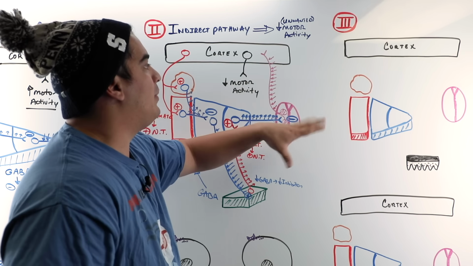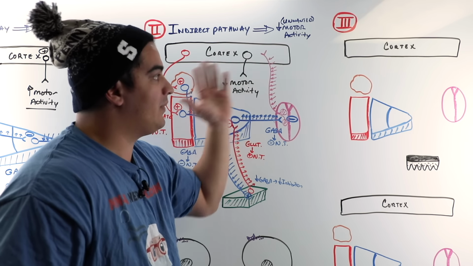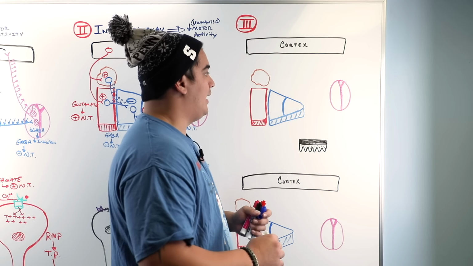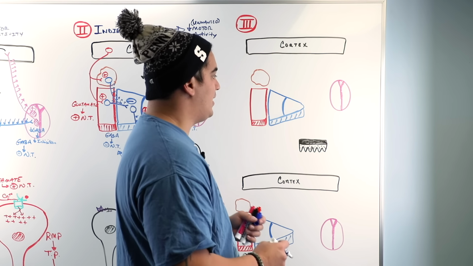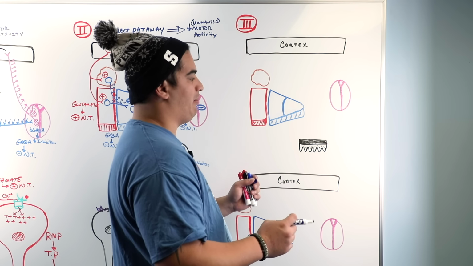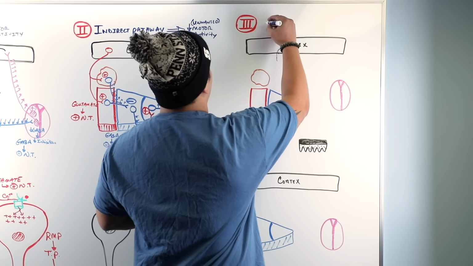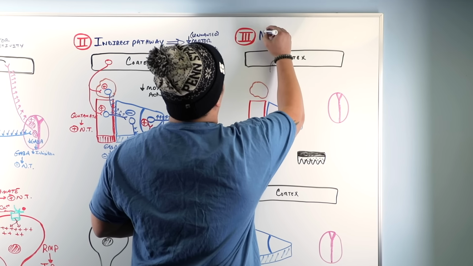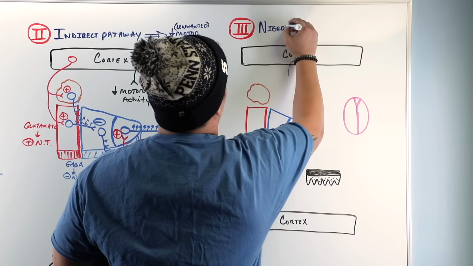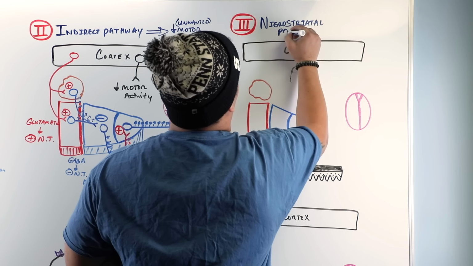Now we have to talk about how we can modulate the activity of both the direct and indirect pathway. Let's come over to this last part. The last function of the basal ganglia, remember, is a modulation type of action. The particular name of this pathway that we have to discuss here is called the nigrostriatal pathway.